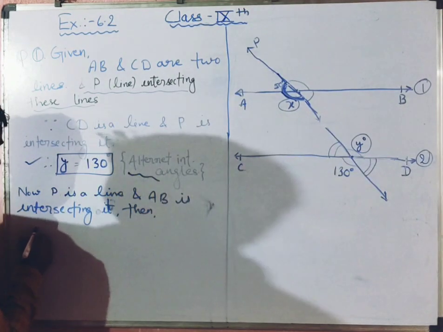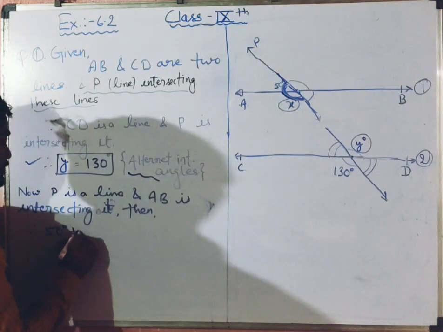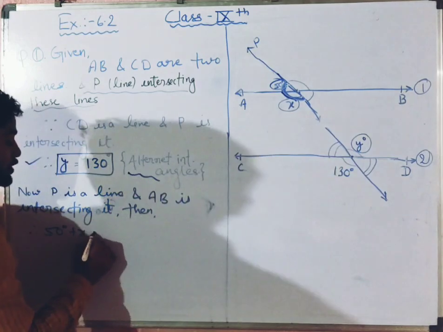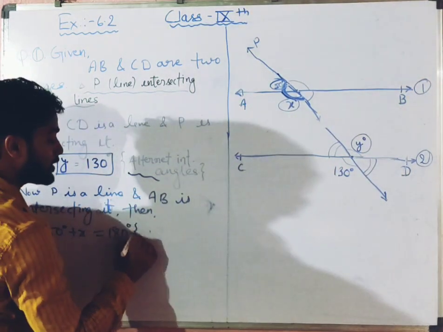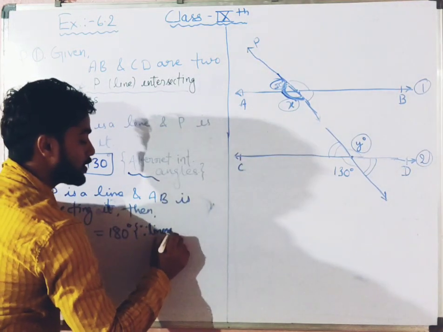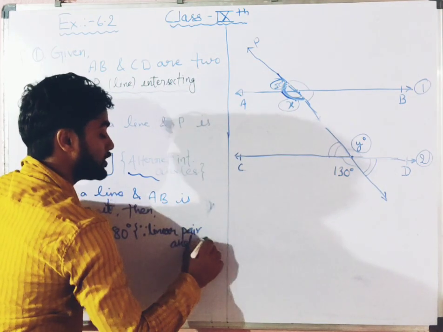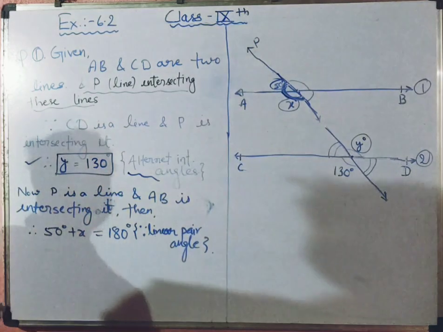Therefore, we can write 50 degrees plus x, that is, this 50 degrees and this x, is equal to 180 degrees by the definition of linear pair angles. The summation of these two angles is 180 degrees.